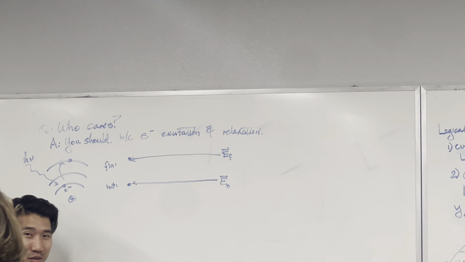At a later point in time, the electric field lines are going to look like this. This would be T1. So the information that the electron moved is slowly progressing throughout time. At a later point in time, it's going to look like this, T2, and eventually this is at T infinity.